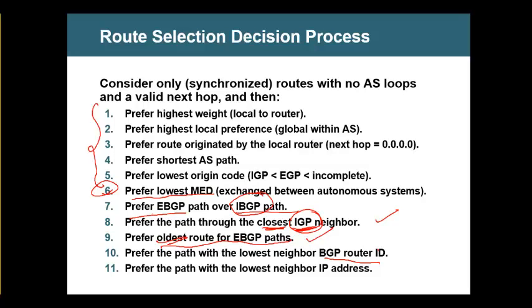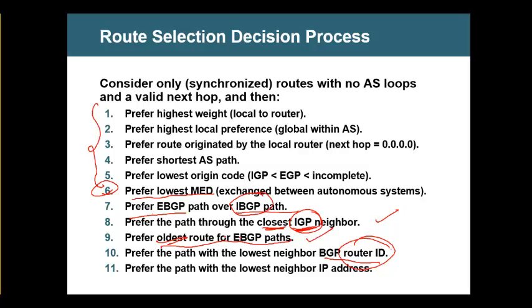It prefers the neighbor whose router ID is lower. BGP also picks a router ID like OSPF picks from the loopback interface. If you configure one, it uses that; if you don't configure it, it will pick from the loopback interface. So prefer the path with the lowest neighbor router ID.